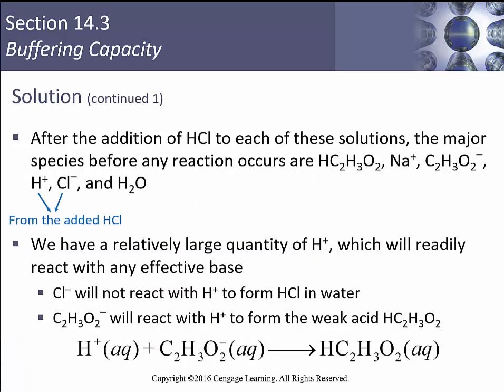Now we're going to add HCl to each of these solutions, showing the major species before any reaction occurs. So we've got our HA, we've got sodium, which doesn't do anything. We've got some A-, we've got some H+ and Cl-. Now the Cl- isn't going to do anything. And our water.